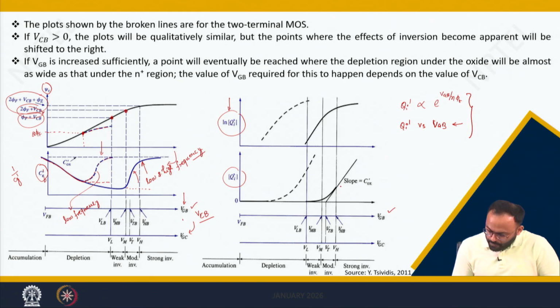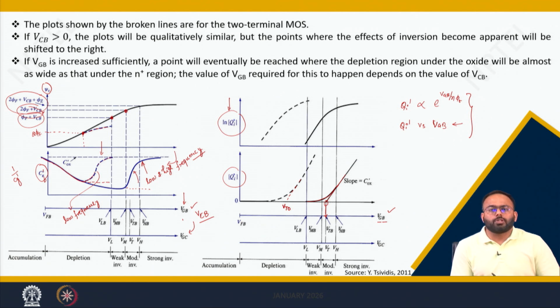You can see from here that the rise in Qi dash is gradual, not abrupt, because of the exponential dependency. Hence we take a tangent of it, which gives me the extrapolated threshold voltage. This dotted line is shown for 2-terminal MOS. This threshold voltage was defined as Vt naught, but here in terms of gate-body voltage we are defining a new term, Vtb.